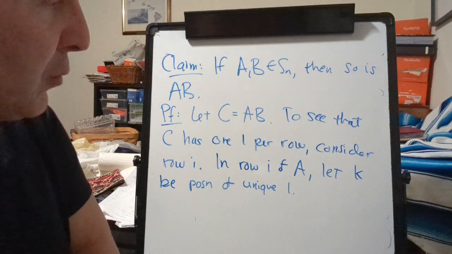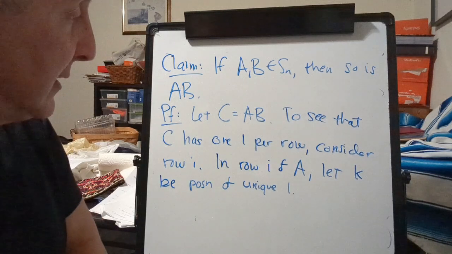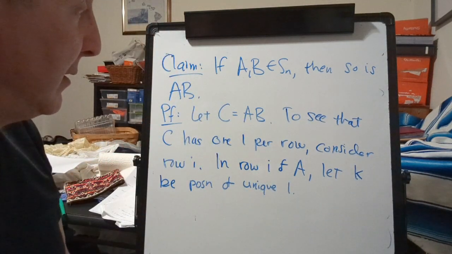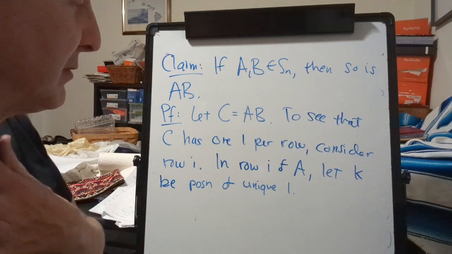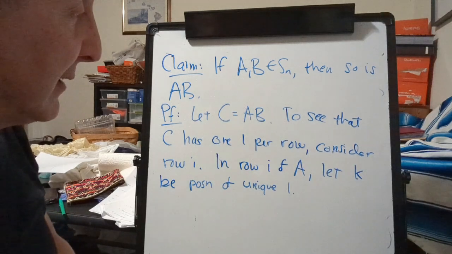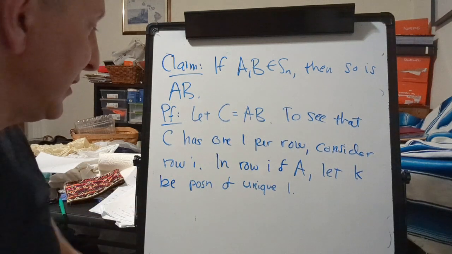Then there's exactly one 1 in row K of B. Let's let J be the column that has a 1 in position K.